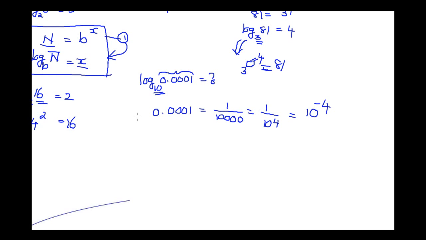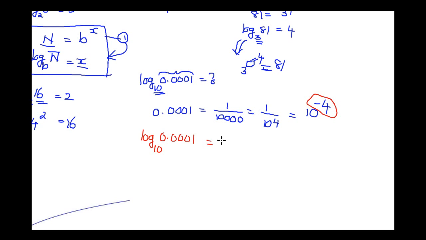Now you take logarithm on both sides. When you take logarithm on both sides, you get logarithm of 0.0001 to the base 10 equal to the exponent. Which is this exponent here? The exponent is minus 4.